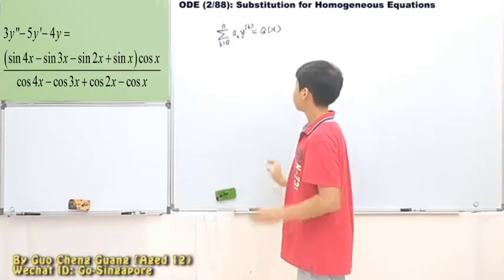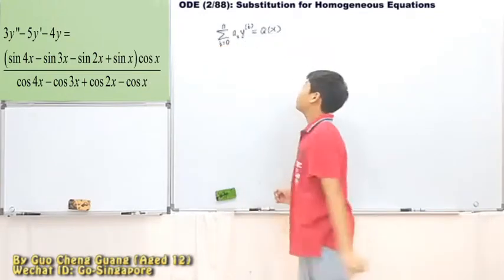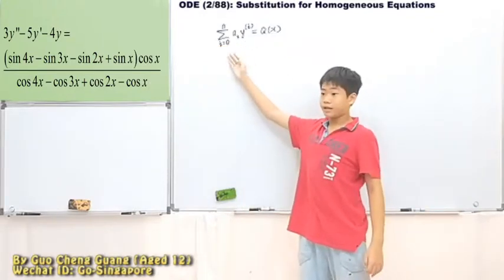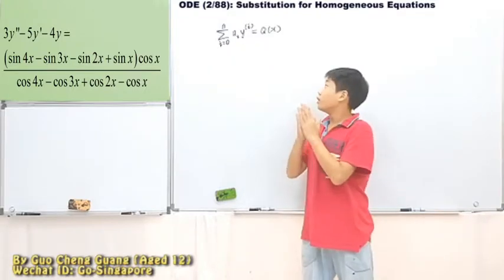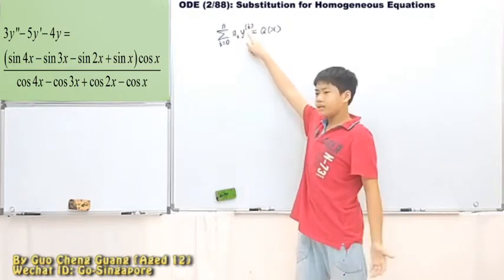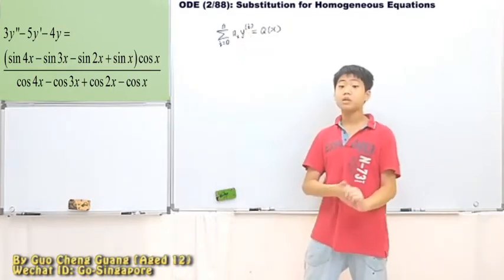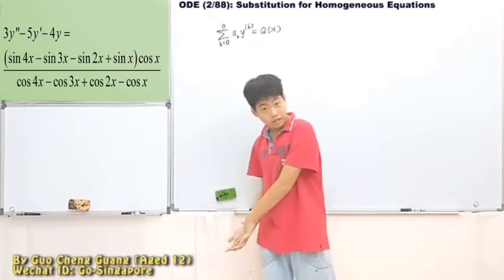Let's see this general form. What do you see on this side? Well, there's this y, and y is what we want to get. Then y ith derivative, that means we don't know how many times they differentiate. You can keep on differentiating them.